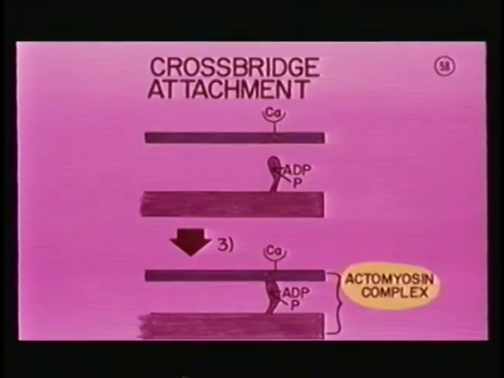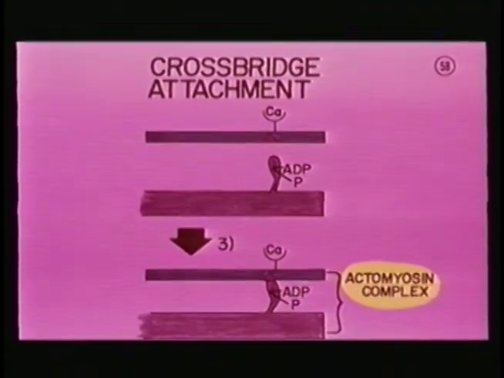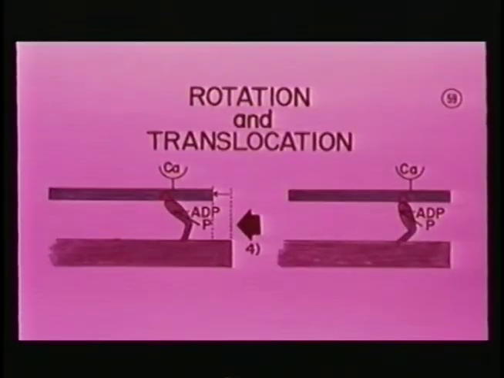Slide 58. The myosin ADP-P complex next attaches to an actin site on the thin filament to form an actomyosin complex, step 3. Slide 59. This highly energetic complex produces rotation of the cross bridge and translocation of thick and thin filament, step 4.